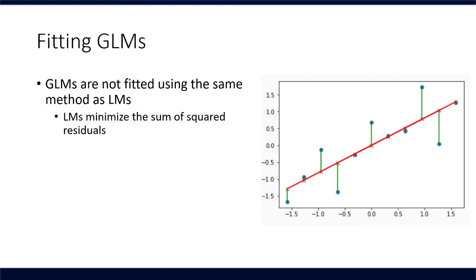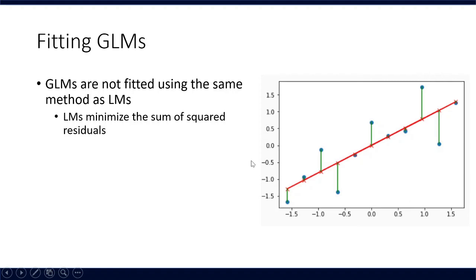This is why it's sometimes called ordinary least squares regression. It's fitting this red line here to your data by trying to find the route that reduces the residuals as much as possible, the squared residuals, technically speaking.